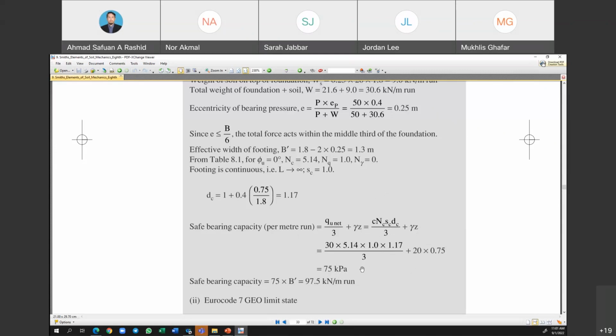Then to get the load, we multiply with the B prime, which gives 97.5. This is based on the conventional approach. I guess most of you are familiar with this approach.